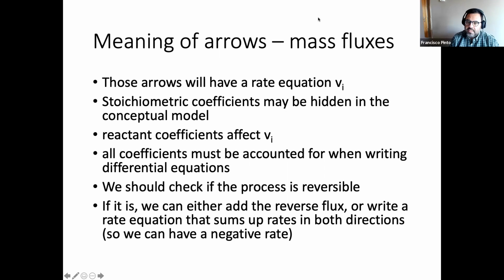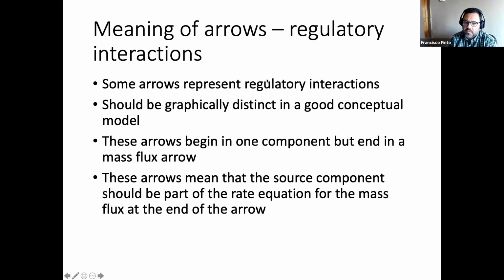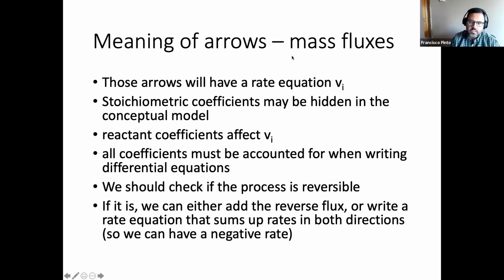So in that case, if you have a single arrow connecting A and B, you can decide that this is just a process, and if this is reversible, the expression of V1 will have 2 parts.